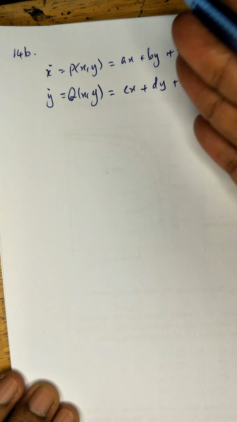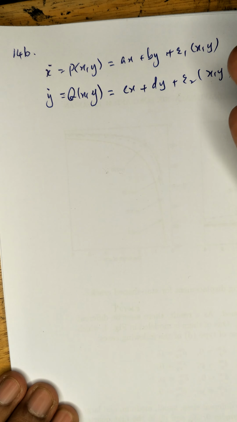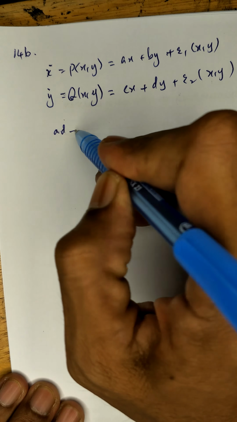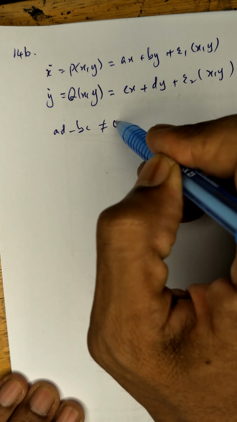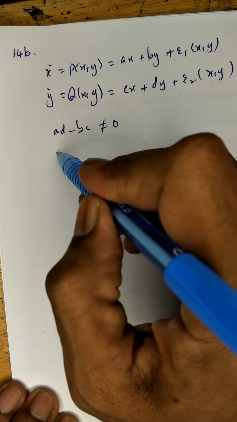And we have certain conditions: P, Q and the partial derivatives are continuous in a neighborhood of (0,0), and ad minus bc is different than 0.